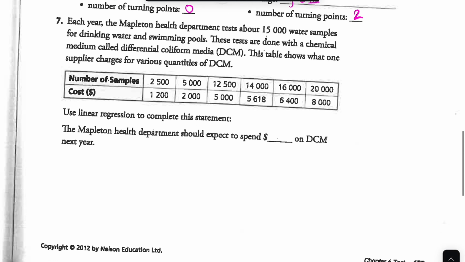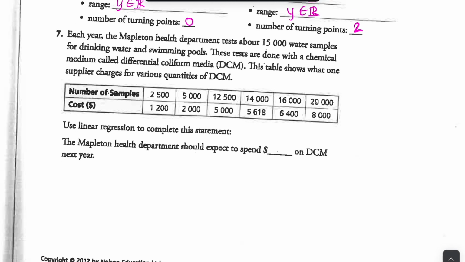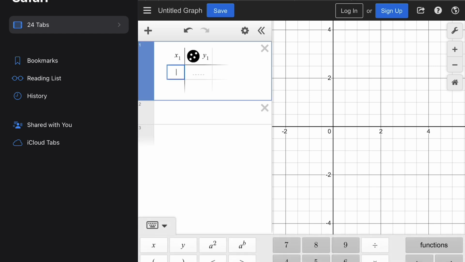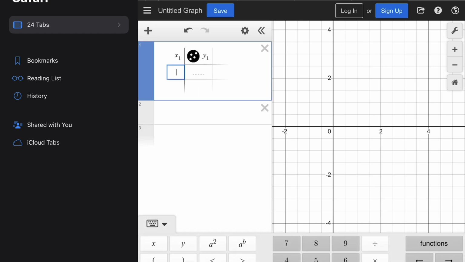Each year the Mapleton Health Department tests about 15,000 water samples. Use linear regression to complete the statement. Okay, linear regression, just do the exact same thing as before. I'll pull up these numbers on my laptop and go here, plus table x values.